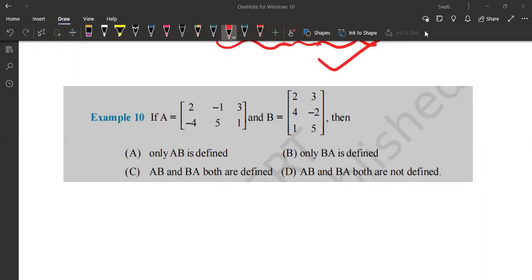So the very first thing that I'll do here is I'll write down the order of matrix A. How many rows? 2 rows. How many columns? 3 columns. So 2 by 3. How many rows? 3 rows. And how many columns? 2 columns. So remember one thing.